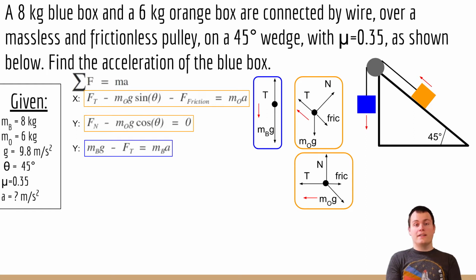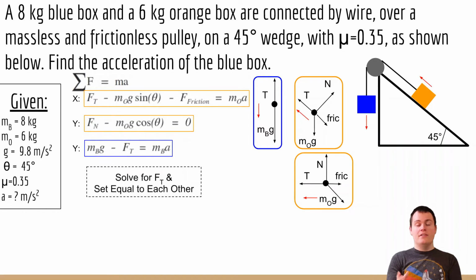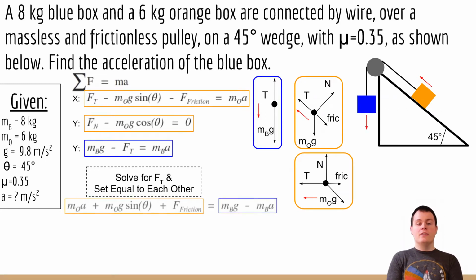Now to solve for the acceleration, I'm going to solve for the force of tension in the equations that have it, and then set them equal to each other. When I do that, I find that we have the mass of the orange block times acceleration plus the mass of the orange block times gravity times the sine of the angle plus the force of friction is equal to the mass of the blue block times gravity minus mass times acceleration.